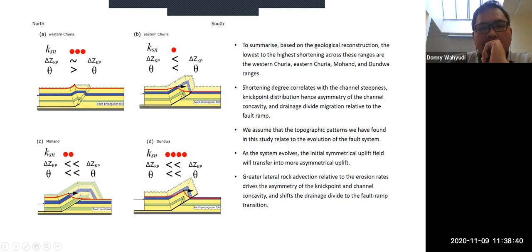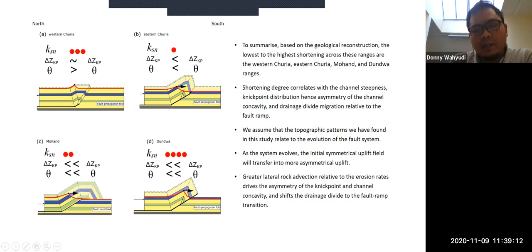And as the shortening increases, along with the development of the fault-propagation fold, these knickpoint-to-base-level values shift to the south flank of the ranges, as well as the concavity, and as the shortening increases, it gets higher.